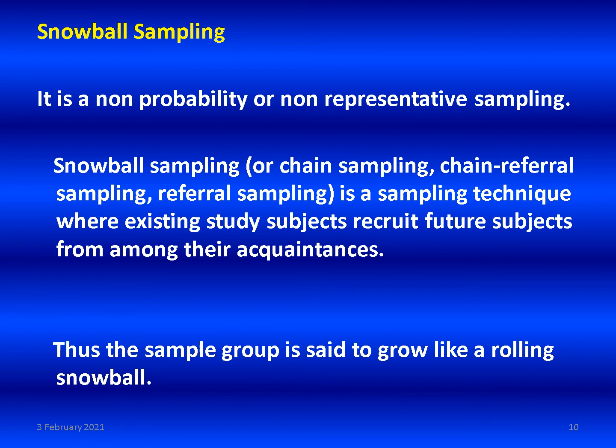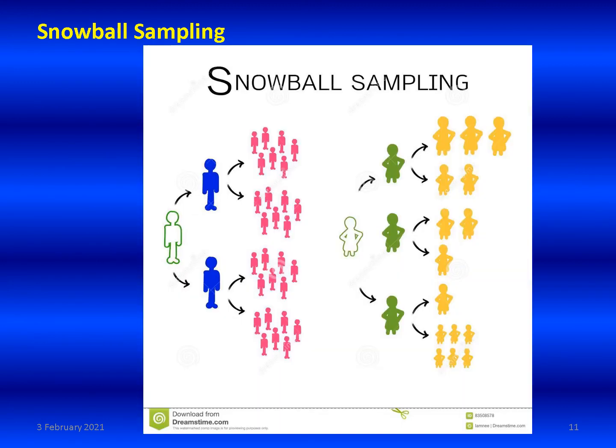I will show you one picture. So first we are selecting 2 samples and those 2 samples will bring their acquaintances and relatives. So that's a snowball technique. It is used for qualitative research.